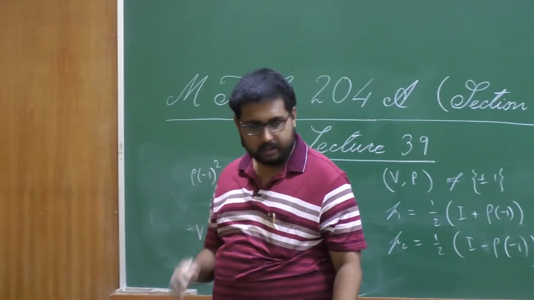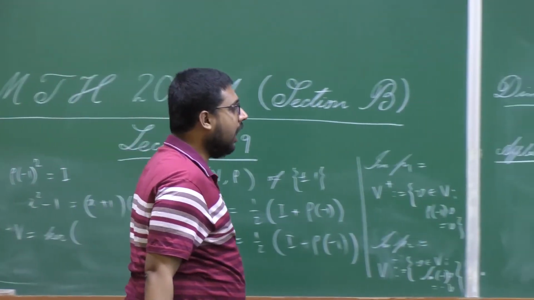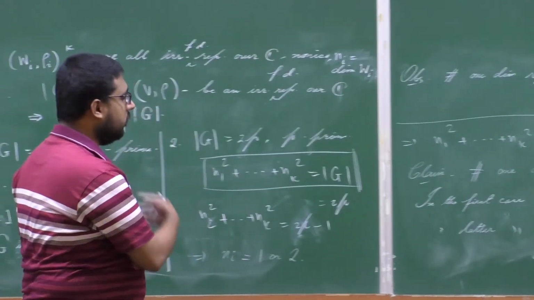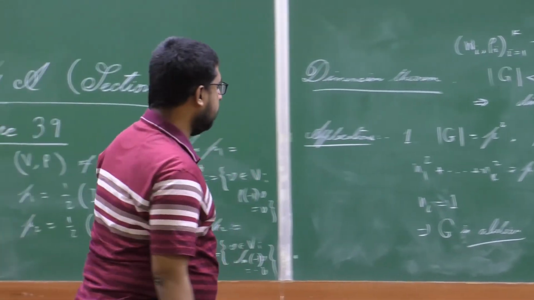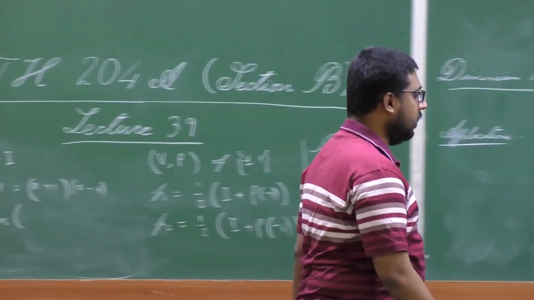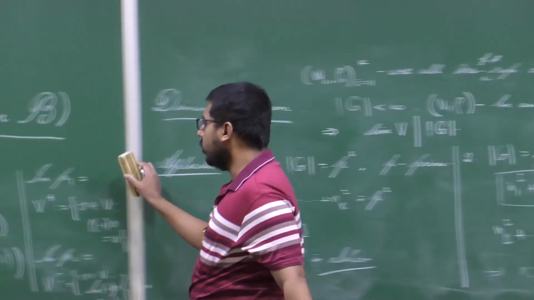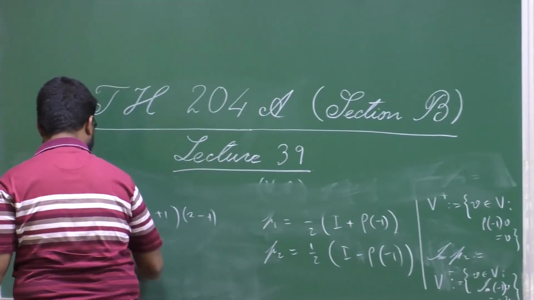I want you to realize how important and how influential this theorem is. So I will talk about a corollary here. If after that I have some time, certainly I will start the proof of the dimension theorem. So what does the corollary say?